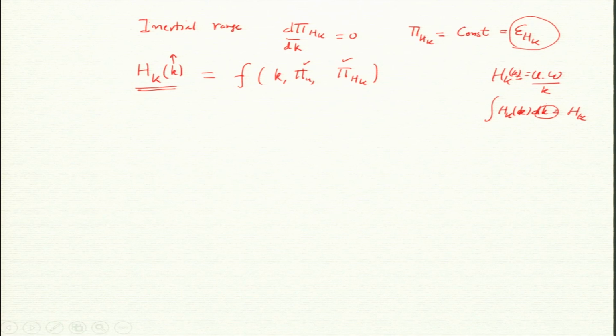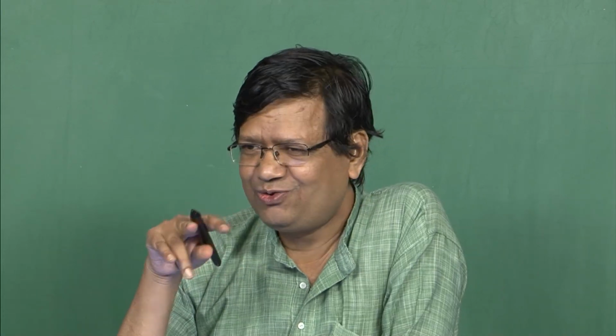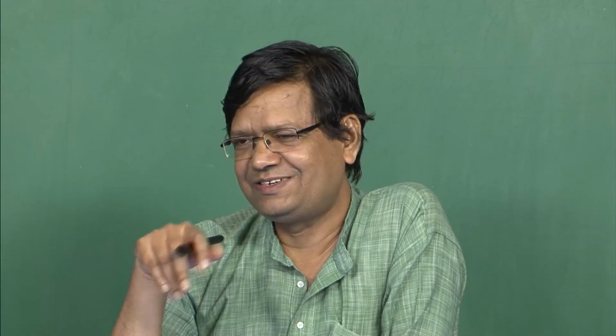Is that clear? So, u is L by T, k is 1 by L, omega is 1 by T. So, it is L squared by T squared on the right side. Mass is absent here, so L and T are 2 fundamental variables. Now, I have 3 quantities, so I can't determine all 3. You get only 2 equations by matching the dimension of L and the dimension of T.